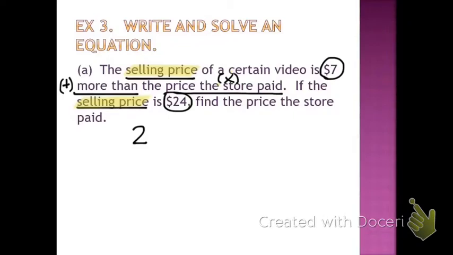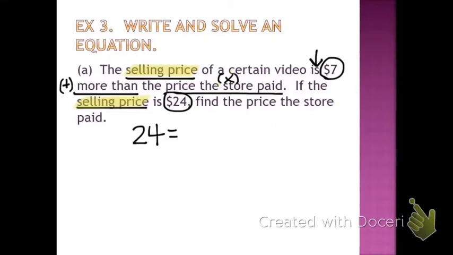So the selling price of a certain video is $24. Okay? So the selling price of a certain video, which is $24, is, do you see this little word right here? What mathematical symbol does that word represent in a word problem? Equals. Very good.